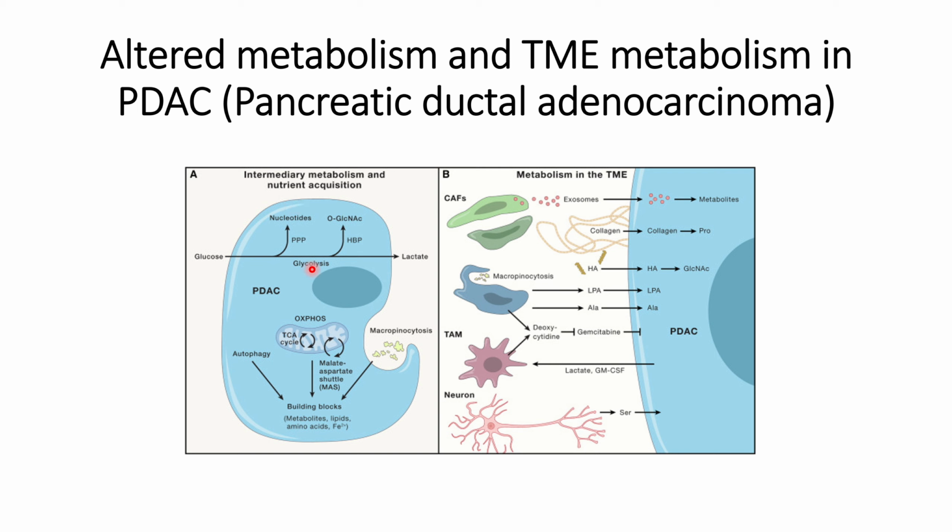As a byproduct, it releases lactate, which changes the TME, the tumor microenvironment, by reducing its pH. That further helps the tumor cells maintain their reprogrammed state and supports tumor progression.